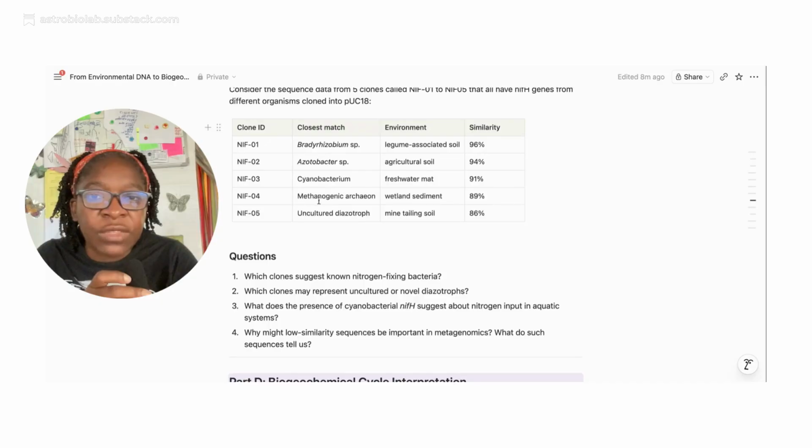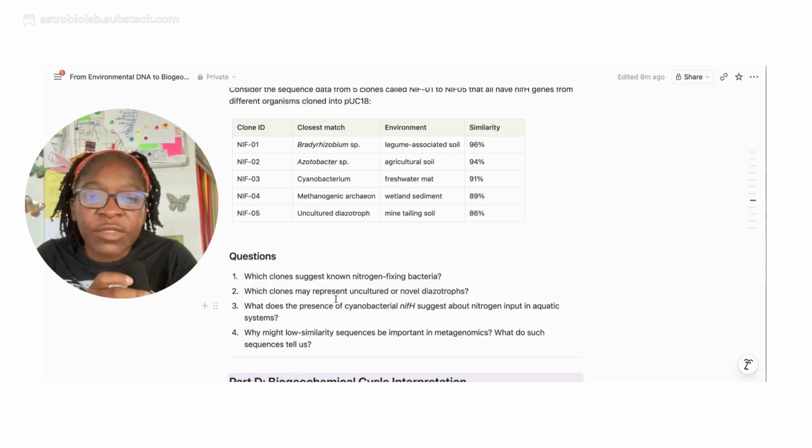For instance, like this particular clone, it's got 89% similarity, but look where it's from. It's a methanogenic archaeon, so it's an archaea, and it's from wetland sediment. So if you know those two details, you can do a bit of digging and see if it fits. Is this a possible nitrogen fixing bacterium? Well, think about it. It's an archaeon. Let's move on.